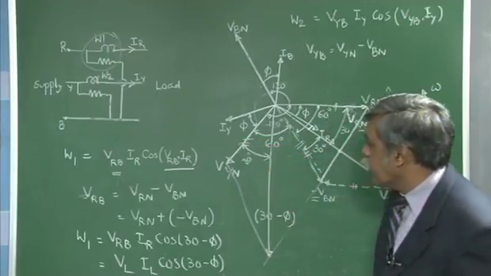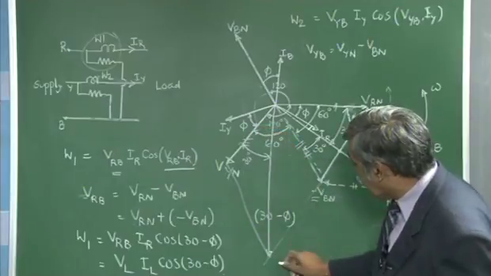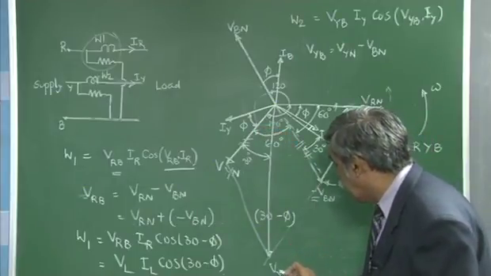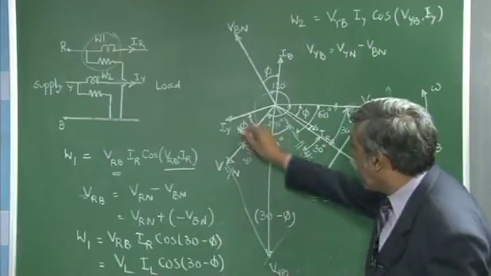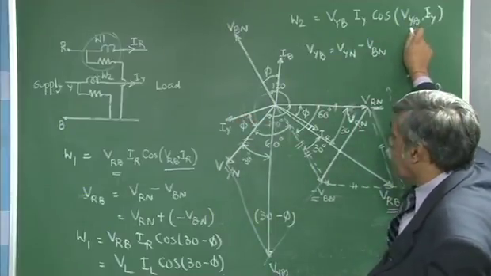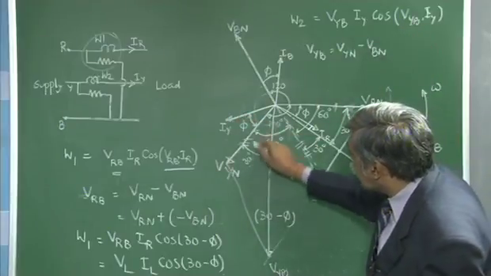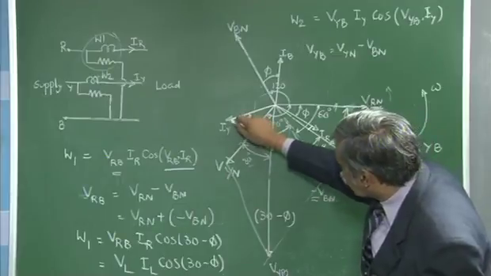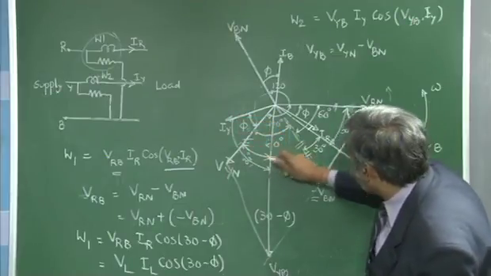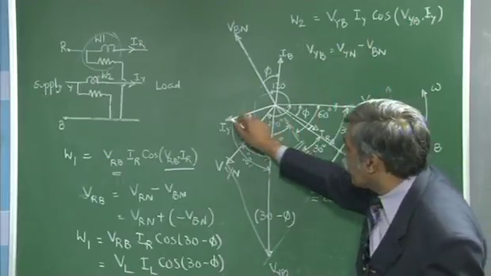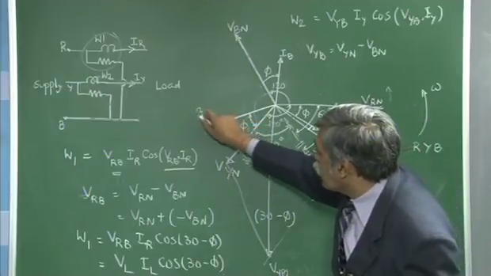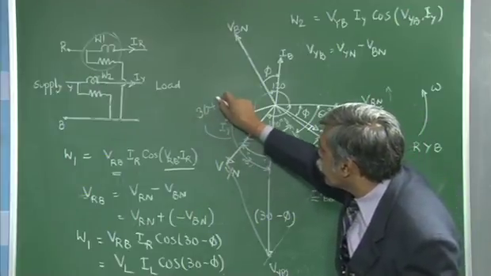And the angle between VYB and IY is what I want. If you see, this is 30 degrees and this is phi, so the total angle here will be 30 plus phi.